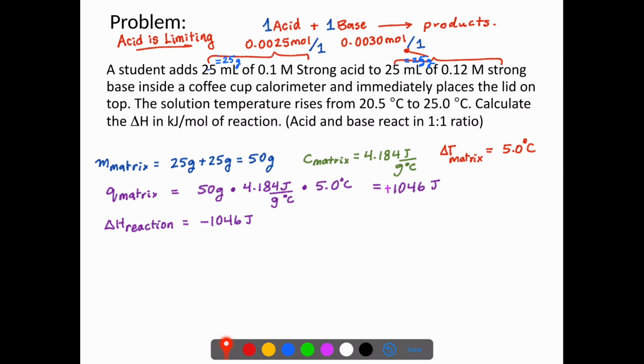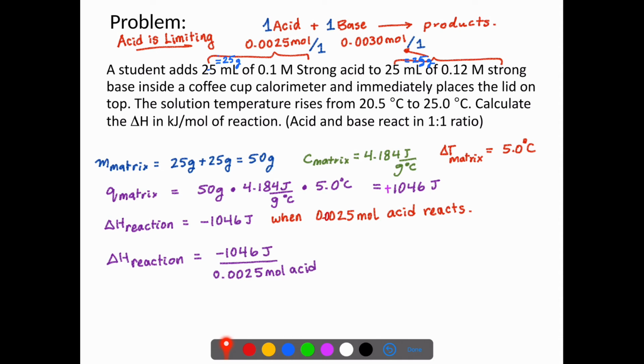So we can pick either compound and say this negative 1046 joules is the heat released when 0.025 moles of, I should have said 0.0025, for 0.0025 moles of acid reacting. So now when you divide, you get the amount of energy per mole of acid reacting.